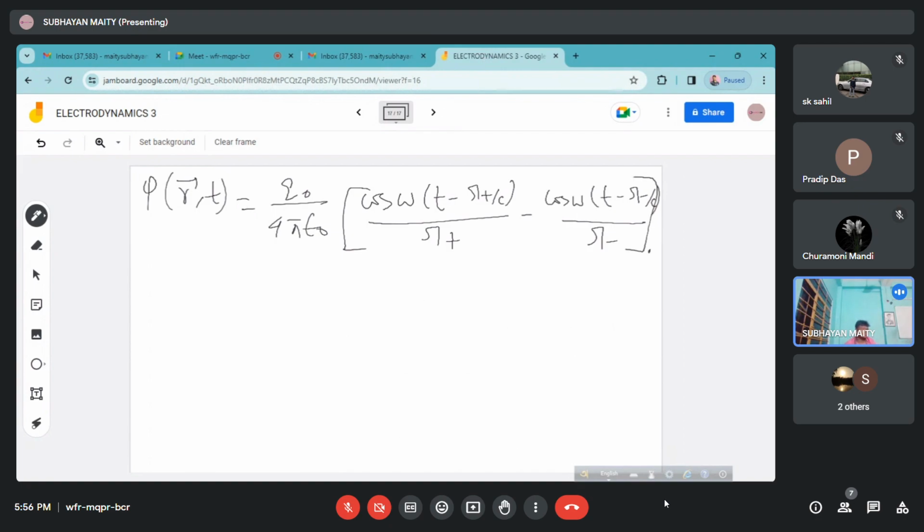Okay, this is the electric scalar potential at a particular instant of time, and it is due to the sources at retarded time, and the retarded time is t minus R plus by c, and here t minus R minus by c.